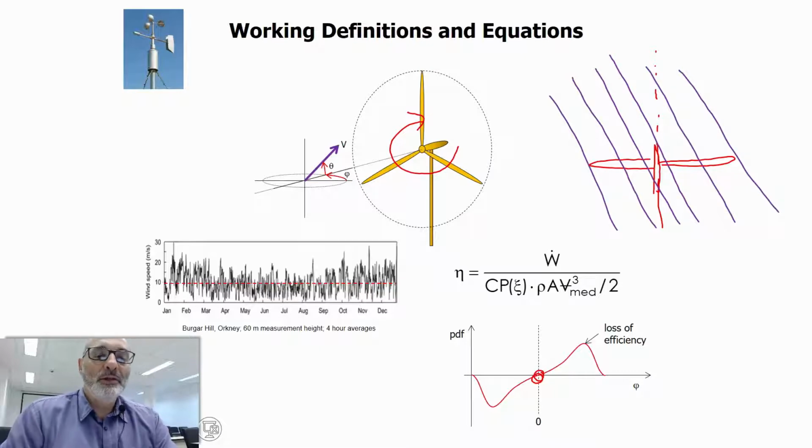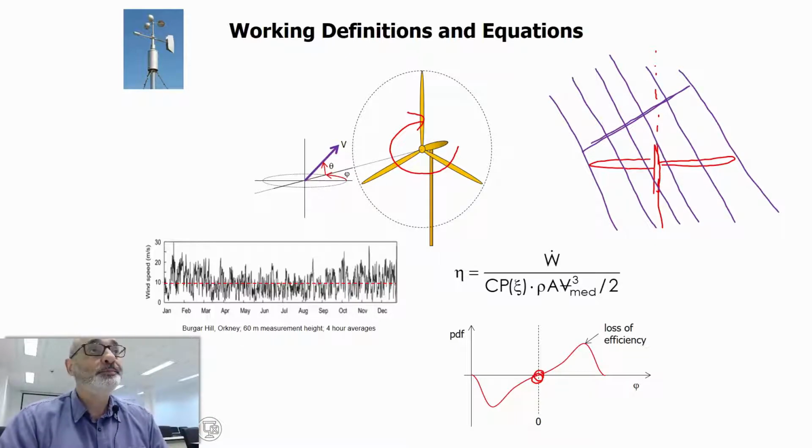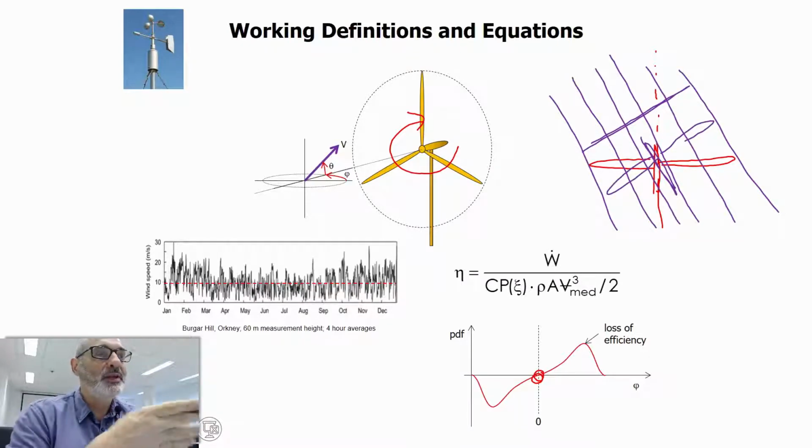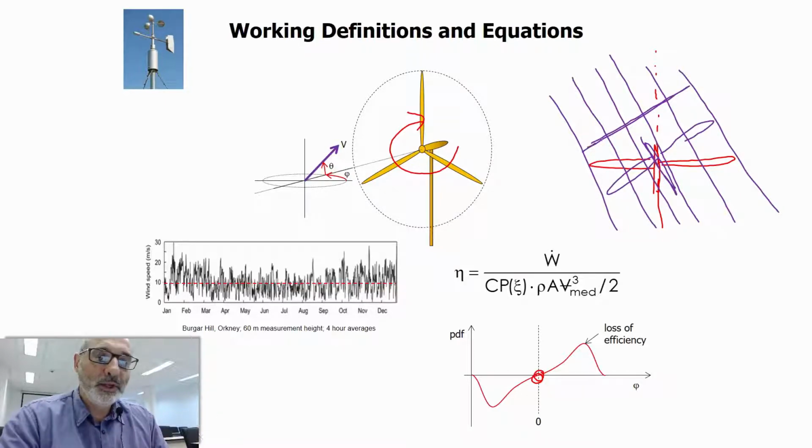So the projected area of your windmill is smaller, and it's going to be smaller for a certain time until the windmill manages to realign itself with the wind. During this time in which the windmill is not aligned with the wind, you have a loss of efficiency because you have a smaller area, and also because of other effects that I'm going to comment on in a few moments. So this is why the variation of the wind direction decreases efficiency.